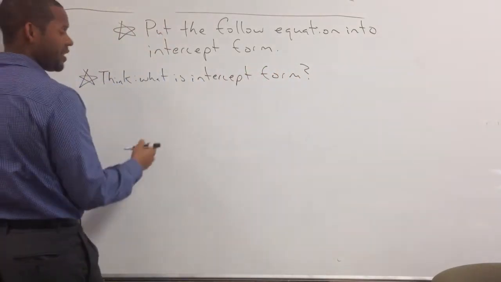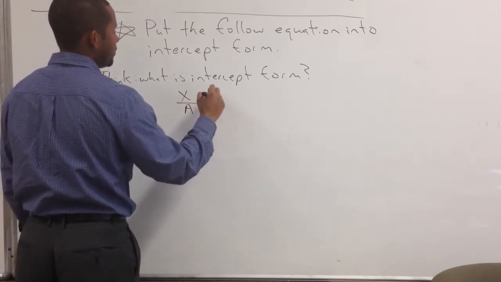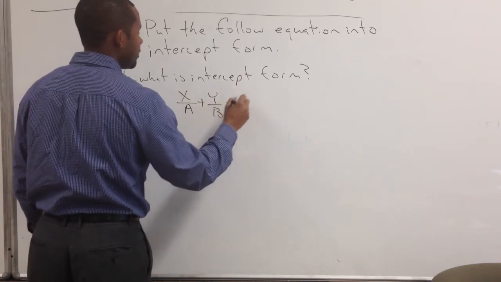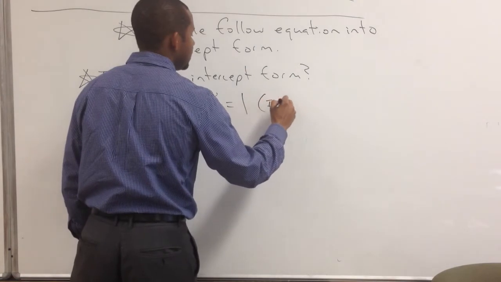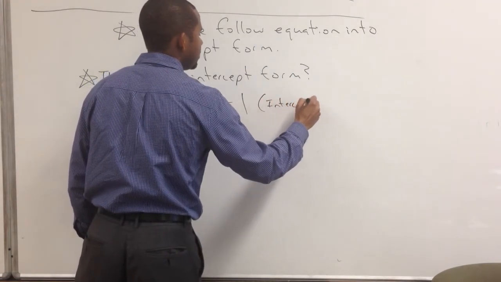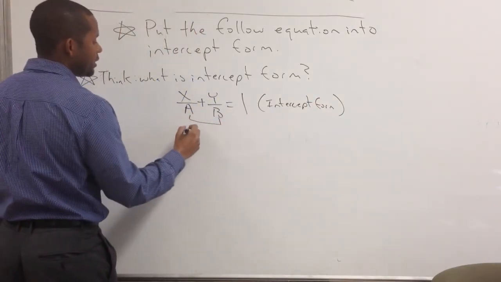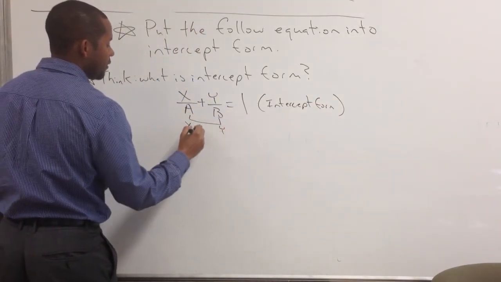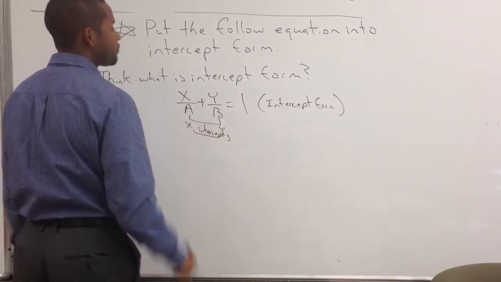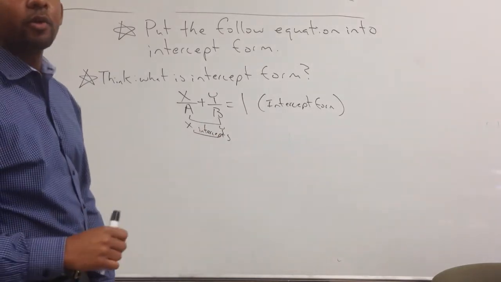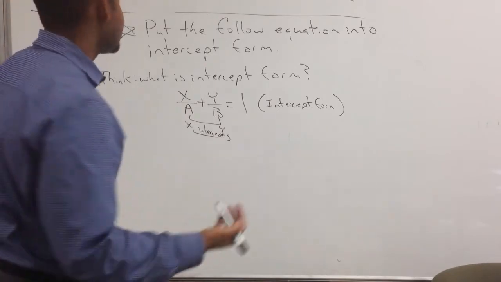My answer is that it says x over some number plus y over some other number equals 1. That's intercept form. And I know A and B stand for the x and y intercepts. So really, to put an equation into this form, I just got to figure out the x and y intercepts of the equation.